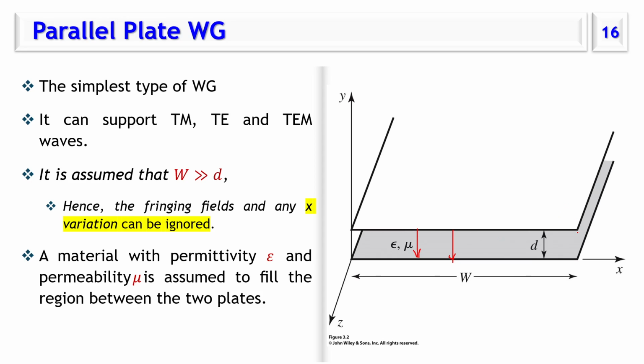And we also have some fringing effect here that we're going to neglect, because we're assuming the width is much larger than the separation between the two conductors. Okay, so the electric field would be in the negative y direction, and of course the magnetic field would be perpendicular to it.